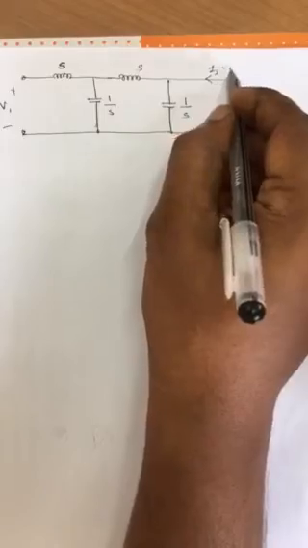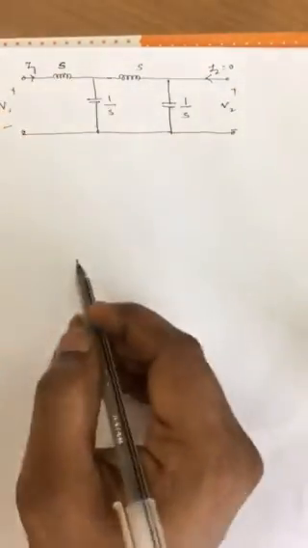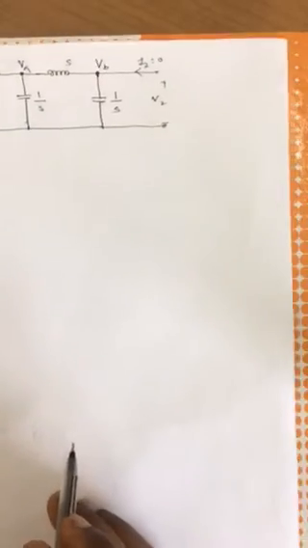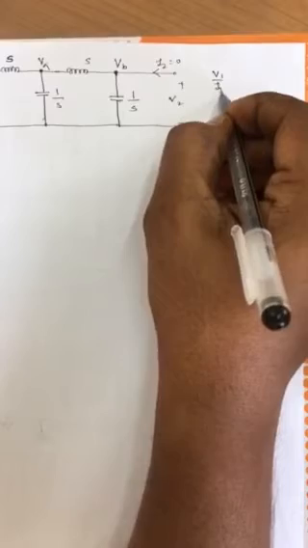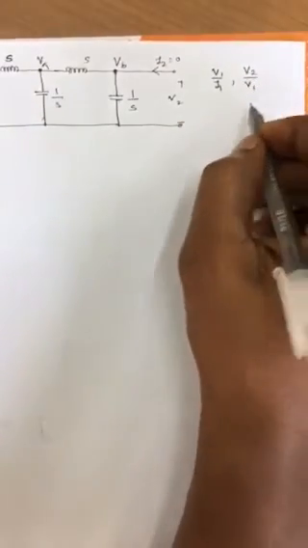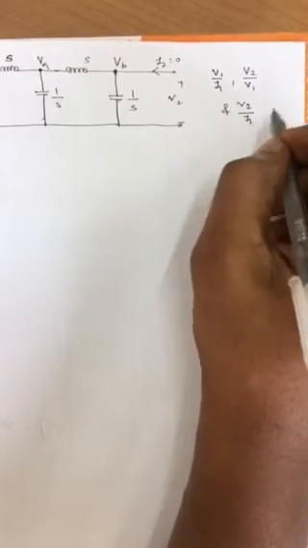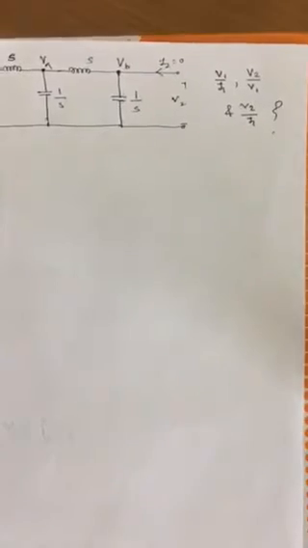I2 is given, it is 0. I1 we have to calculate. This node voltage is VA. This node voltage is VB. This is the network. Now what is asked? It has been asked to find V1 by I1, V2 by V1 and V2 by I1.